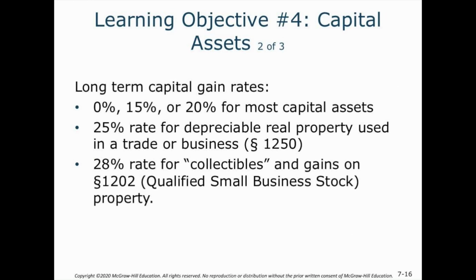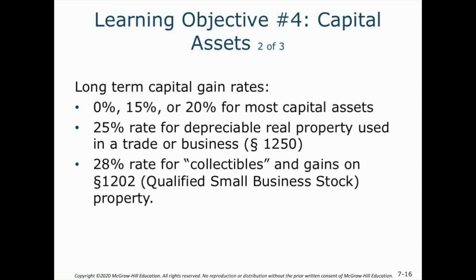So what are those long-term capital gains rates, the preferential rates? Typically we're going to see 15% as the long-term capital gain rate. If you're below a certain income threshold, it may be 0% that gets applied to those capital gain rates. And if you're over a certain income threshold, 20% is what is going to apply to those assets.